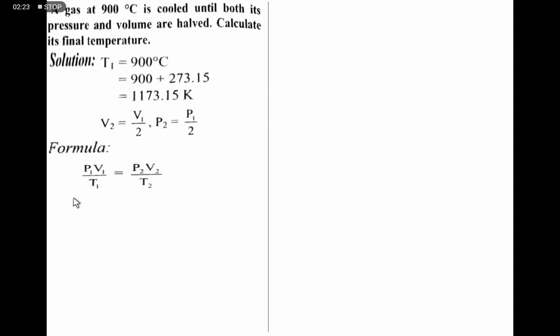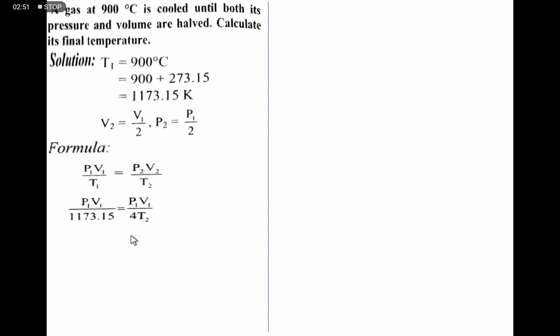So here we'll use the values. T1 is 1173.15 and P2 is P1 by 2 and V2 is V1 by 2. So 2 into 2 it becomes 4. Now numerator cancels and 4T2 is equal to 1173.15.